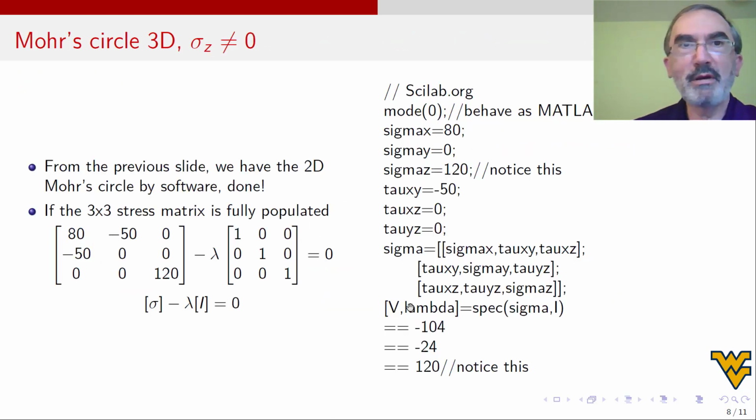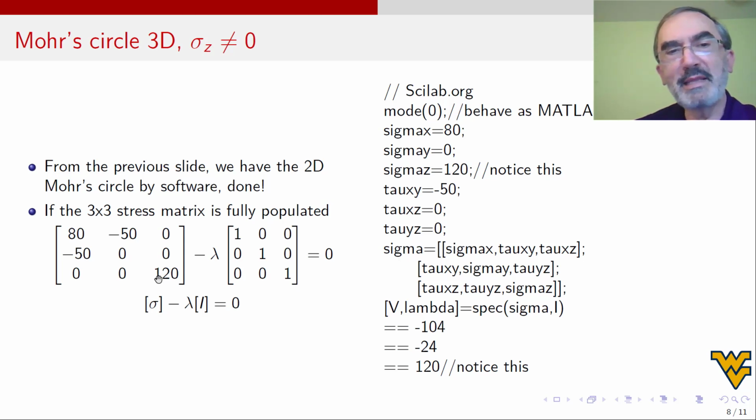Okay, so now I can do the same for 3D. If a 3x3 matrix is fully populated, then we do the same. For fully populated, what I did is I took the 2x2 example and I put another 120. This is a little bit of a trick, because you see I'm not putting numbers there. I can put numbers there, but the orientation will not be so clear.